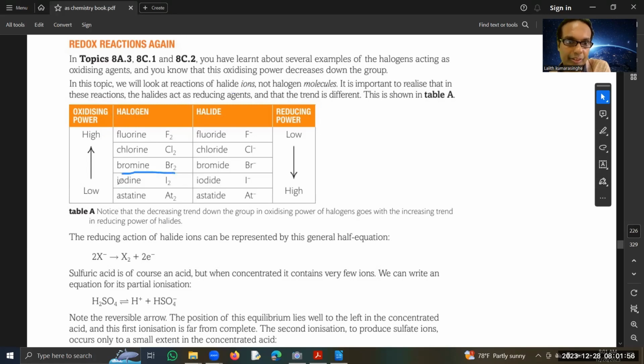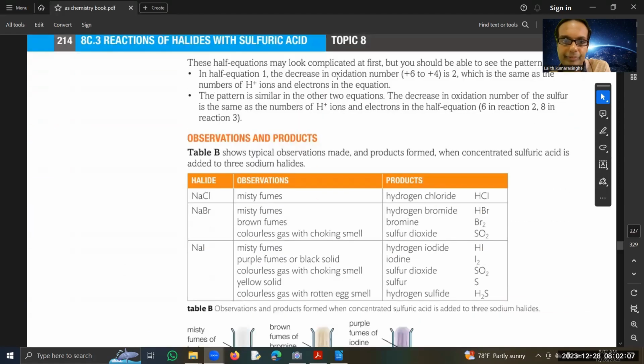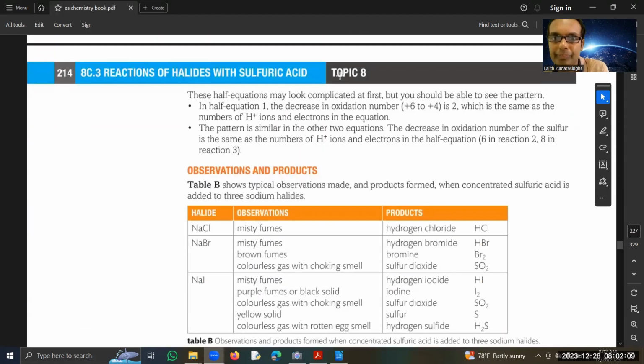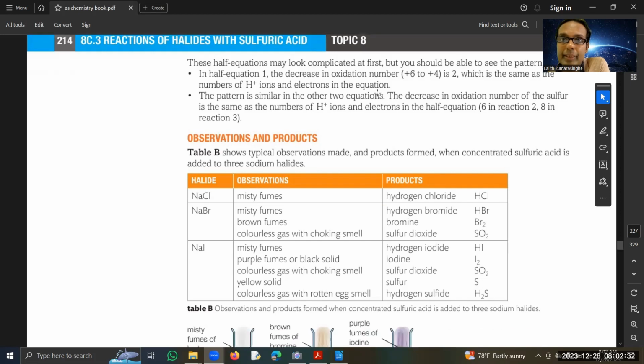See the iodine reduction power. Okay, reduction power. Then see this.